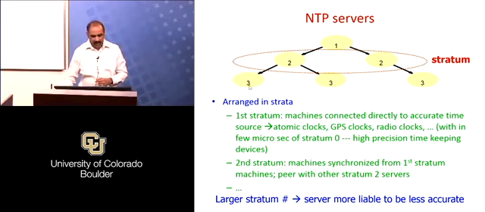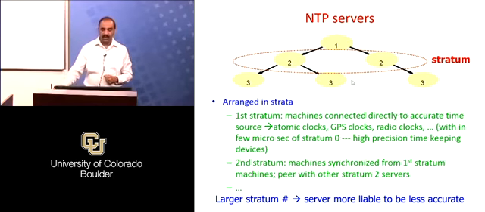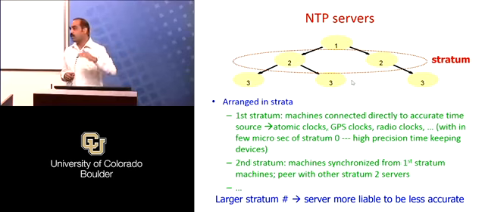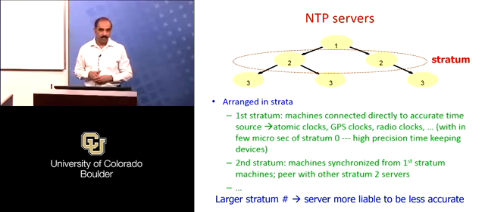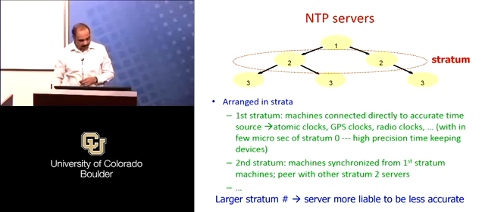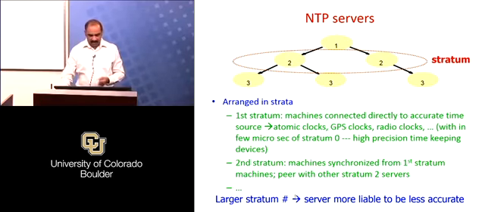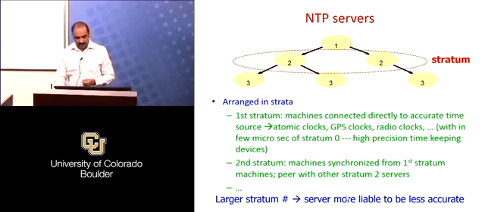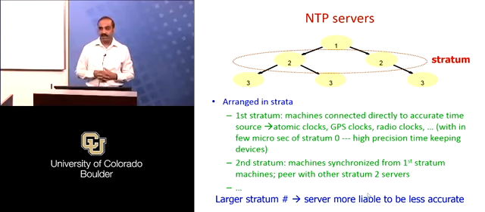And then you can have level 3 and so on. In the specification, you can go all the way to stratum 15. Stratum 16 is considered a completely unsynchronized system. And the larger the stratum number of a server, the more liable it is to be less accurate. So that's basically this.